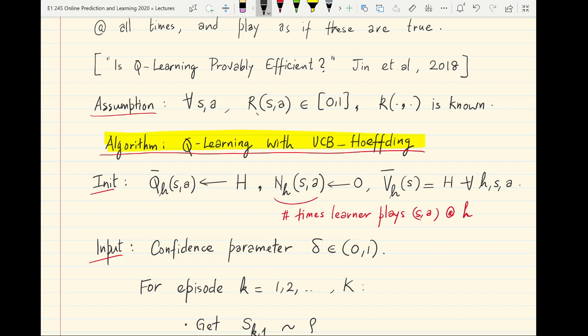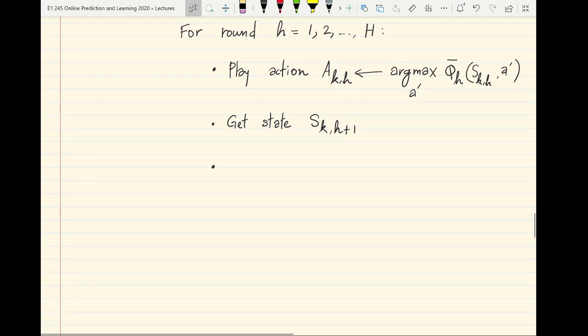And it's quite clear by now that the source of hardness in MDP learning is because of learning T as opposed to learning R. Okay. So we'll assume that R is known.